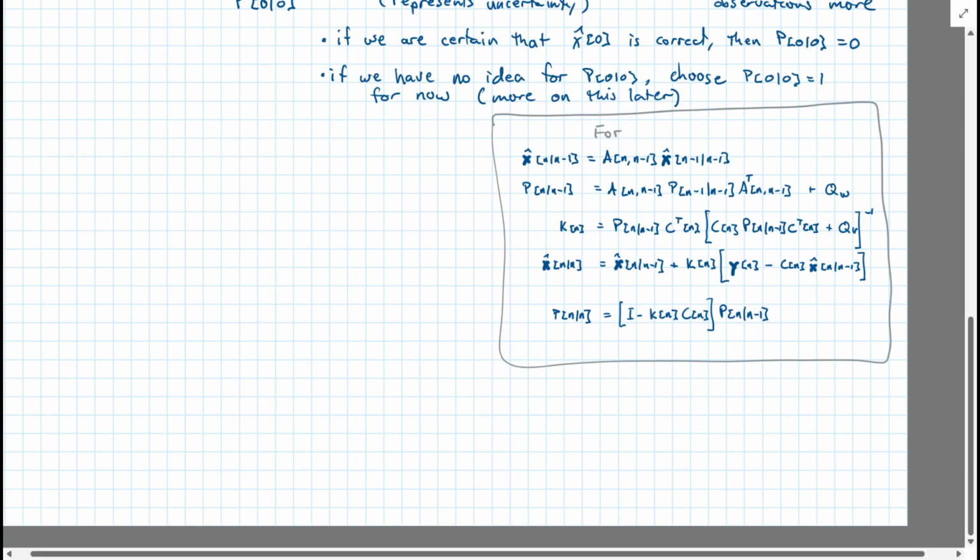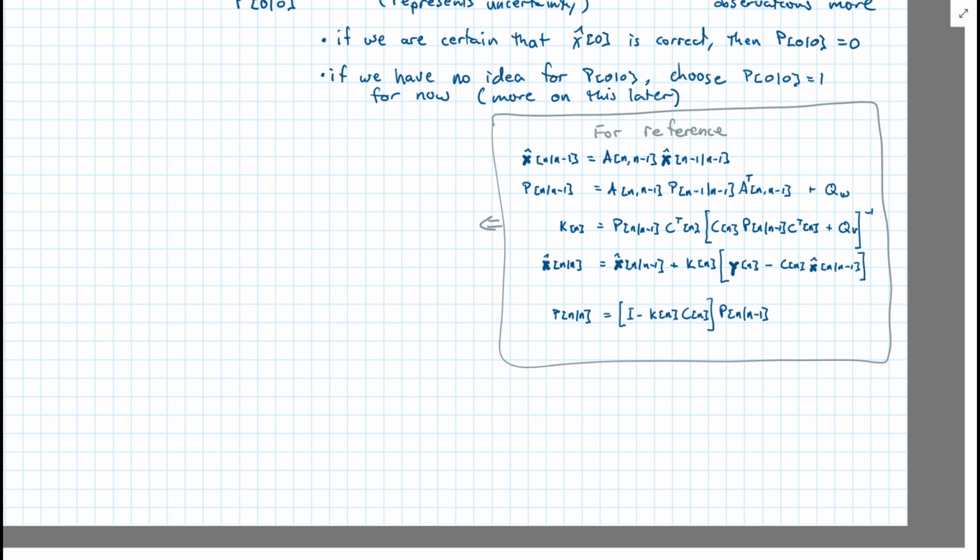So for reference, I've put the Kalman filter equations over here on the right. And let's see how things change when we go with our current situation.